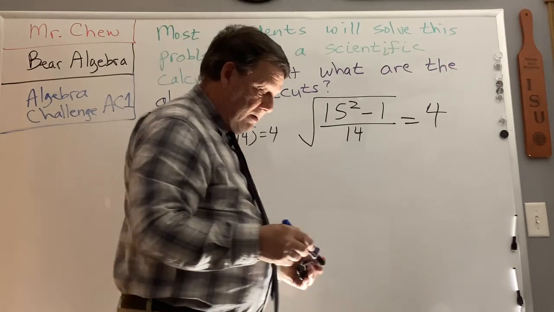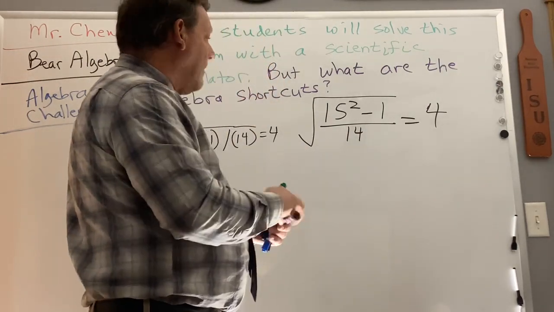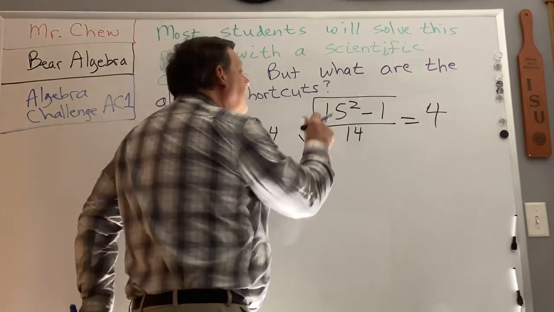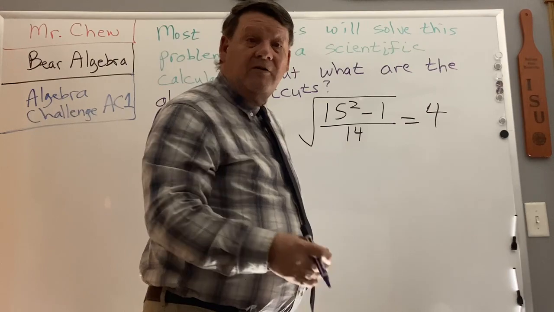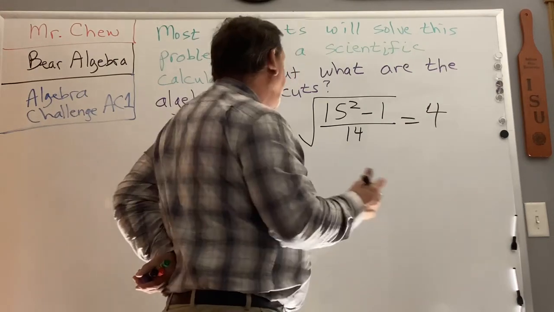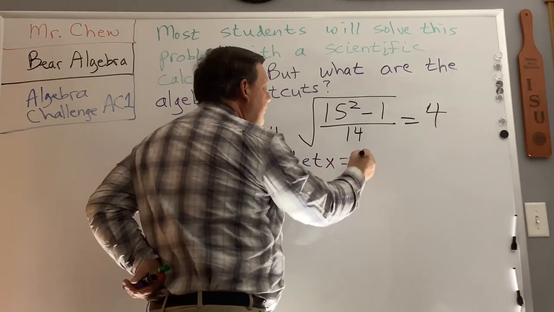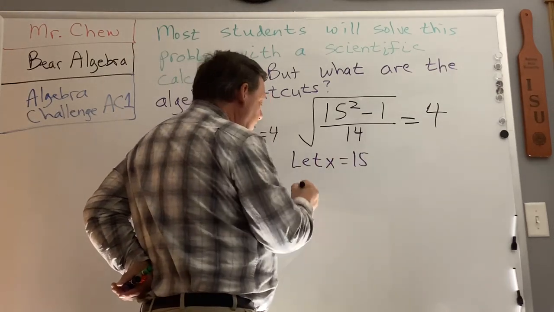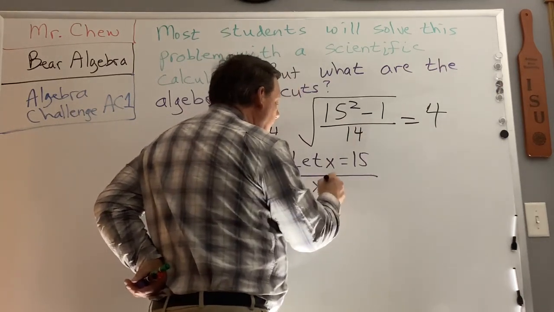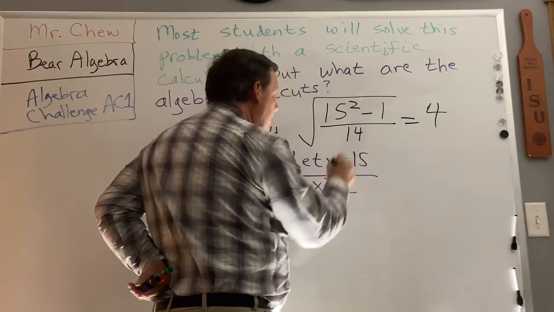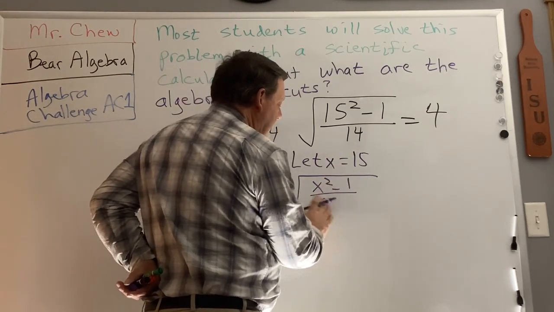But are there algebra shortcuts involved? Yes, there are. In your algebra class, you will be taught that you can substitute values, and I'm going to substitute the value x in for 15. So I'm going to say let x equal 15. When I do that, it changes this problem to the square root of (x squared minus 1) over (x minus 1).